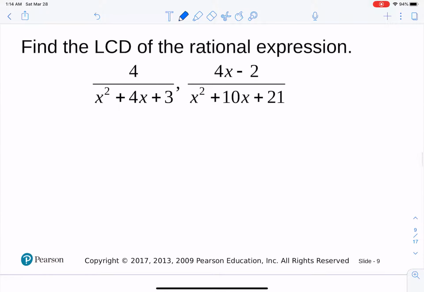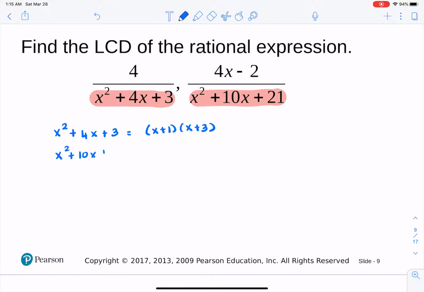So here we have a lengthier expression in the denominator. So our goal is to factor first, if at all possible, x squared plus 4x plus 3. We could write it as x plus 1 times x plus 3. The denominator, x squared plus 10x plus 21, we could write it as x plus 7 times x plus 3.